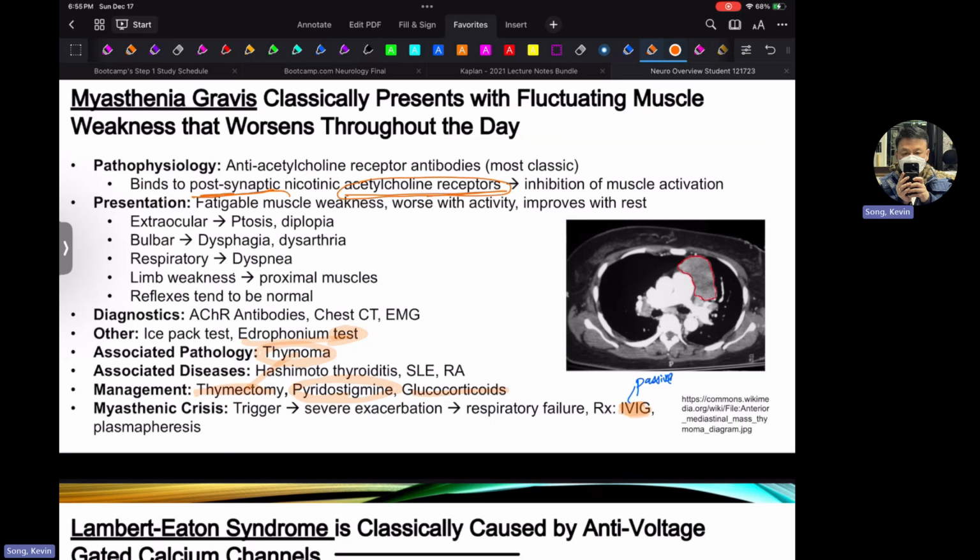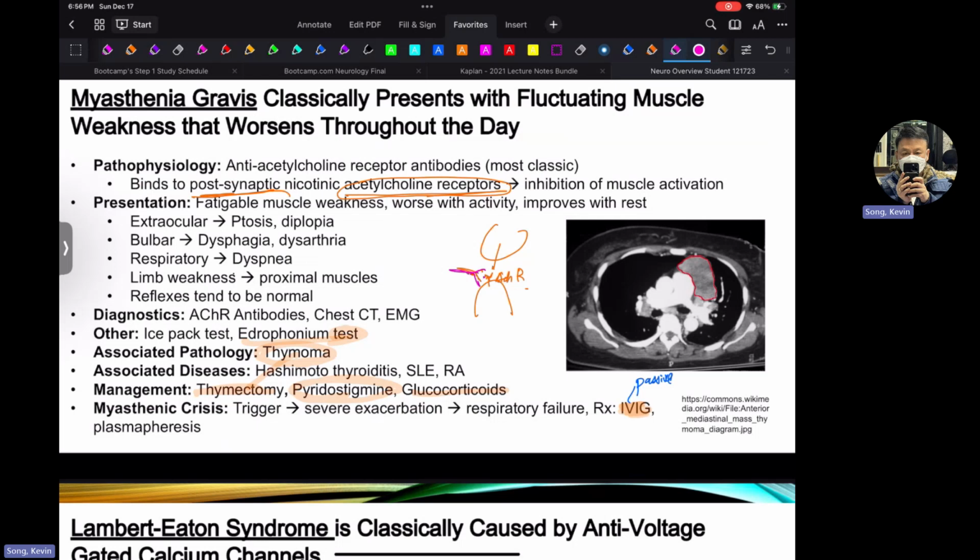So the synapse here, and then the post-synaptic acetylcholine receptor. So there are antibodies against this one. Basically, the acetylcholine receptor is not working. So that's why even if acetylcholine is there, it's not working.